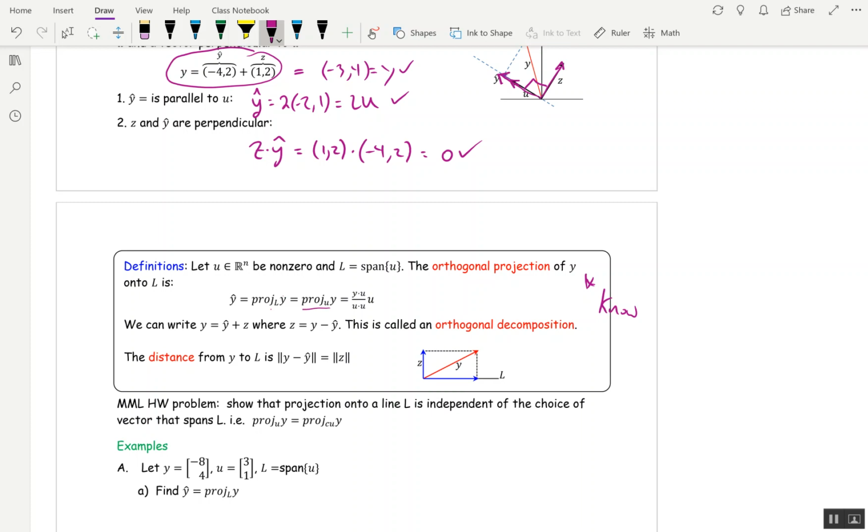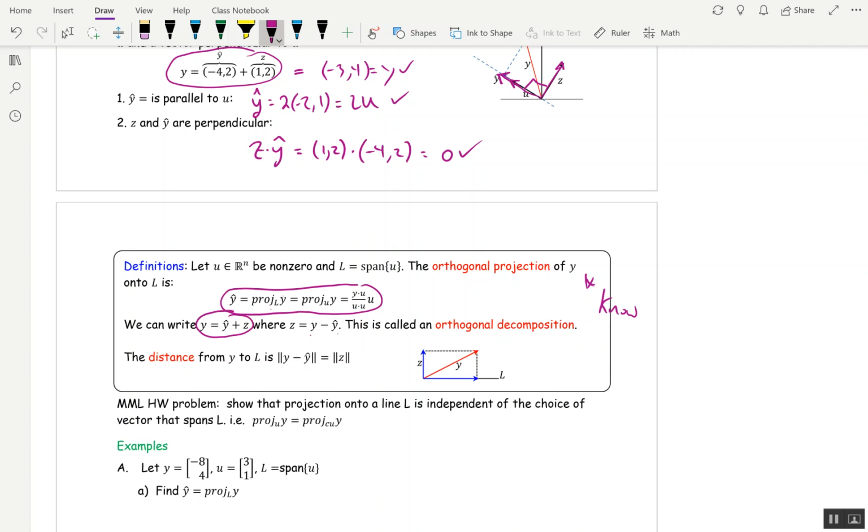All right, and we can write y as y hat plus z, where z is just the difference between y and y hat, and that's called the orthogonal decomposition. So two big formulas here: the projection of y onto u, and this decomposition as y equals y hat plus z.